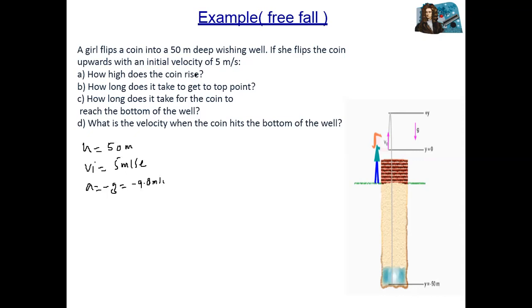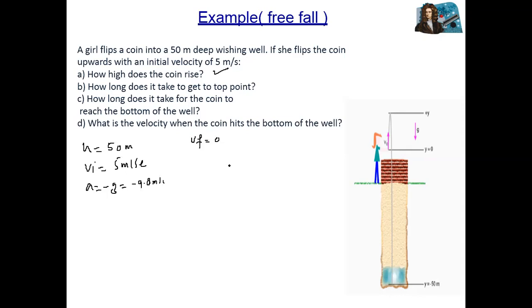So first of all, how high does the coin rise? It means maximum height. We know that the final velocity at maximum height is 0.